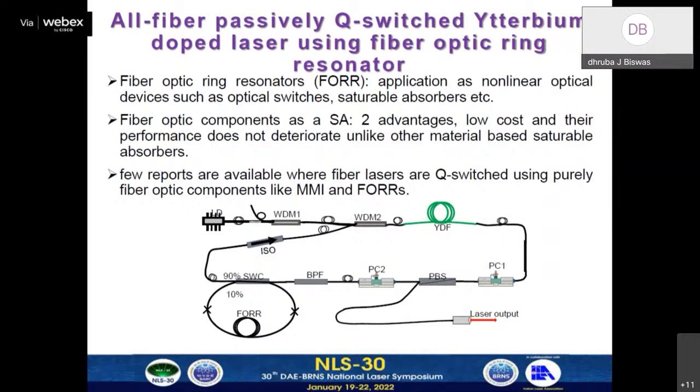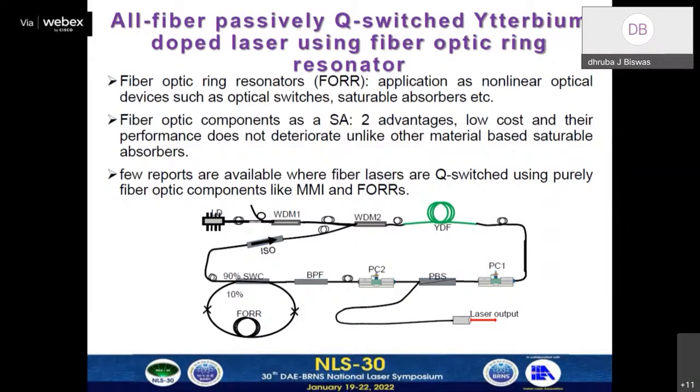First, they are low cost, and secondly, their performance does not deteriorate with time, unlike other material-based saturable absorbers. Only a few reports are available with fiber lasers using fiber optic components like multimode interference and fiber optic ring resonators. Here I have shown the schematic diagram of our laser setup.